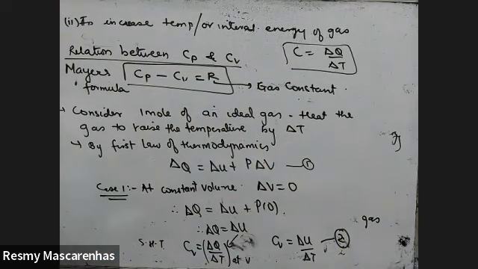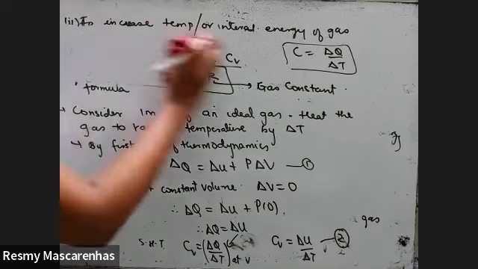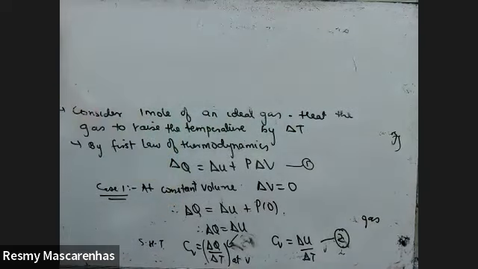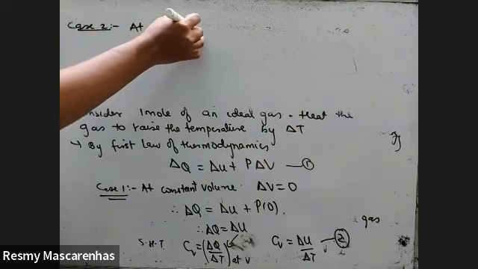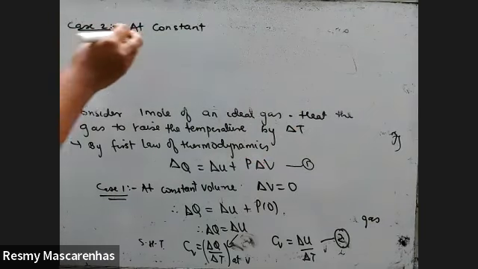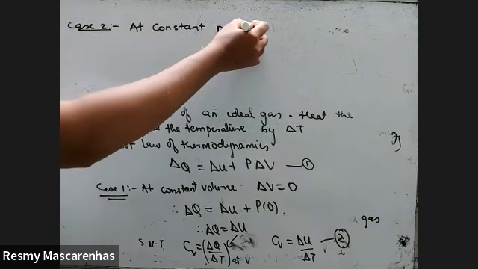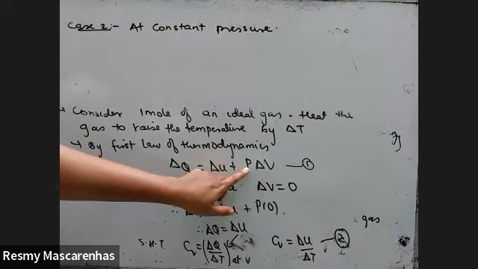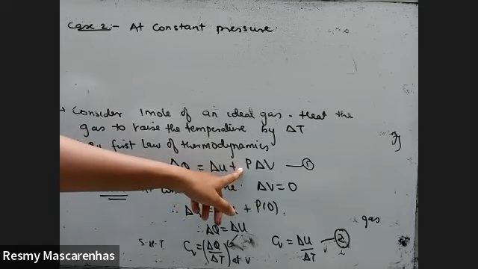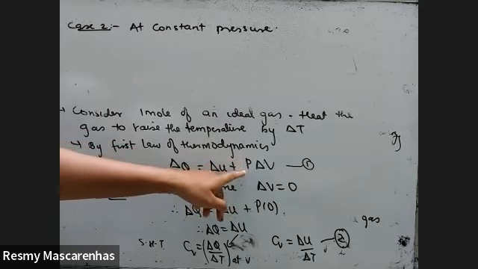Now we'll see case 2, at constant pressure. This will not become 0. This is not delta P for it to become 0. Change in pressure would have become 0. If this was delta P, this would have been 0.